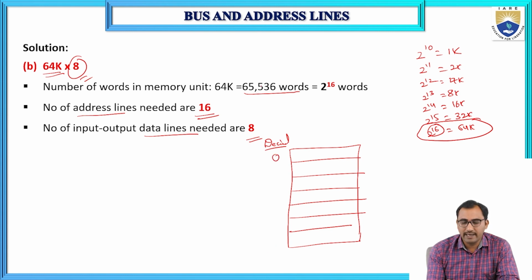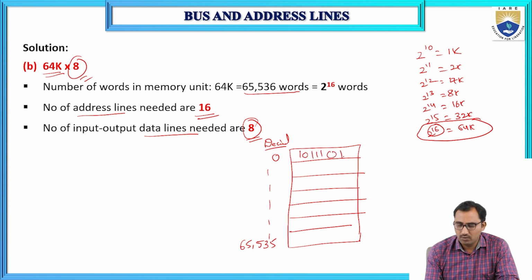The maximum address is n minus 1, that means 65,535. So these many memory locations are there. In every memory location, we can store 8 bits.